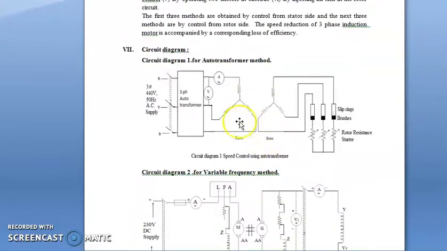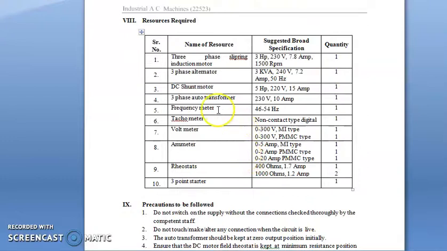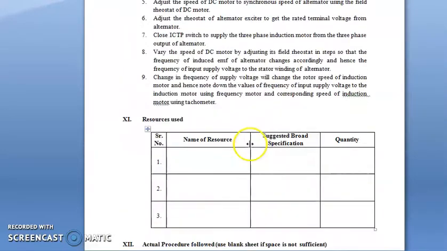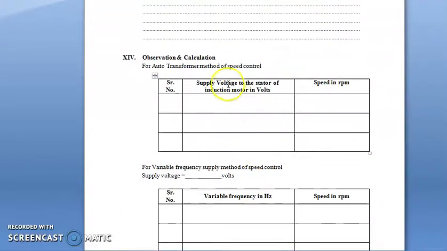Okay, so this is nothing but the circuit diagram. As per the observation table, as per the resources, I require a slip ring induction motor, three-phase auto transformer, frequency meter, tachometer, etc. Now this is nothing but the auto transformer method of speed control. Okay, so this is the observation table for this experiment: supply voltage to the stator of induction motor and speed in rpm.